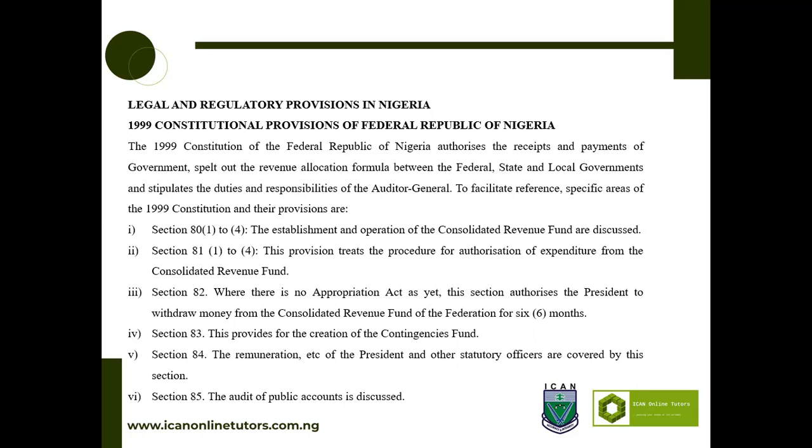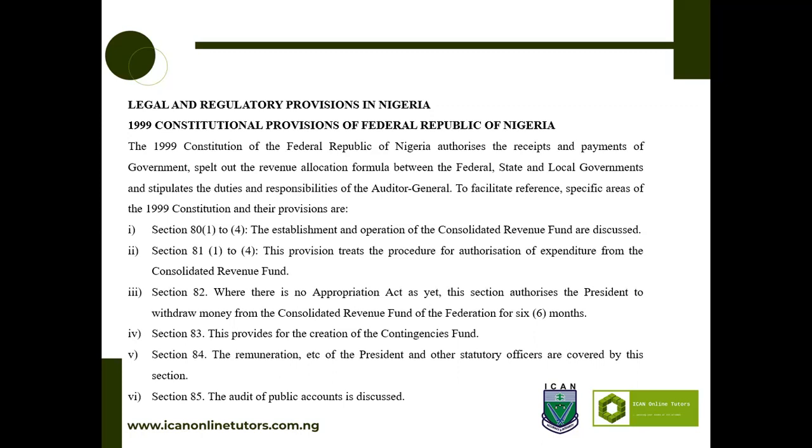We have section 84, the remuneration of the president and other statutory officers are covered by that section. We have section 85, where the audit of public accounts is discussed.